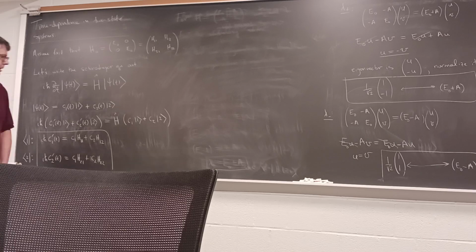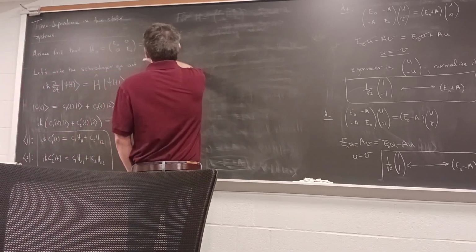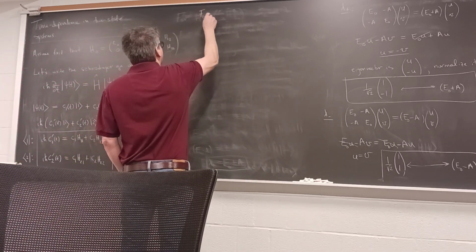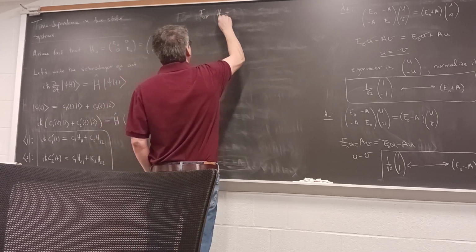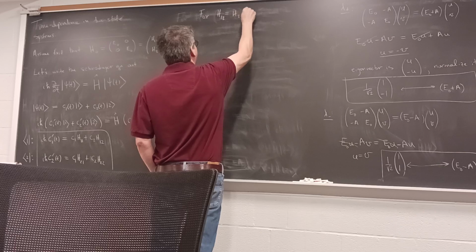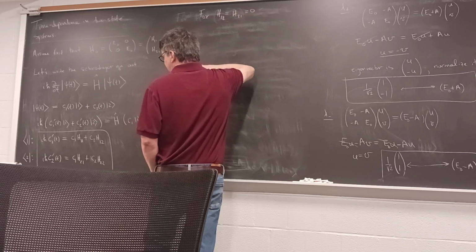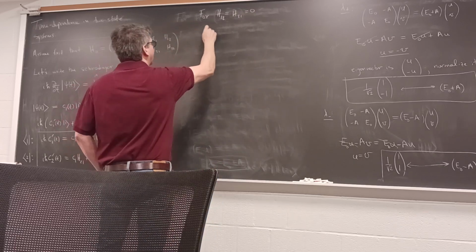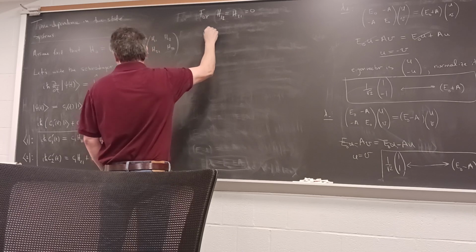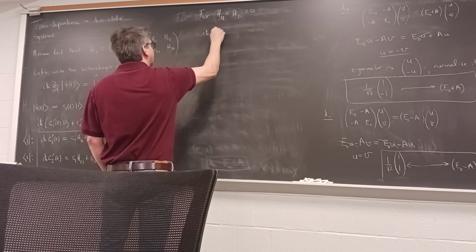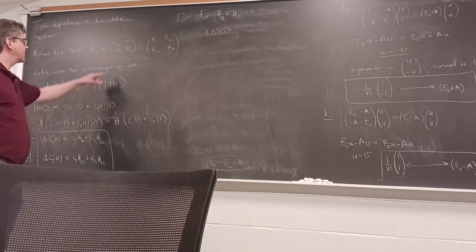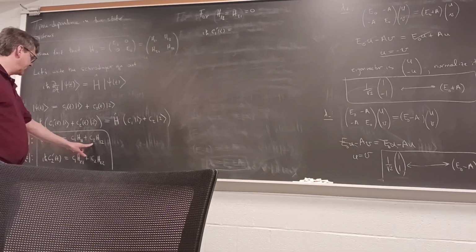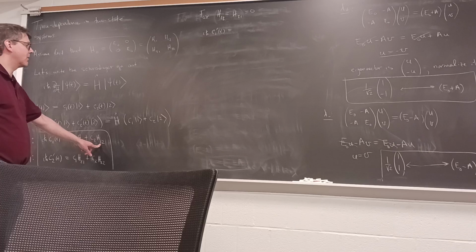Okay, but for H12 equals H21 equals 0, this is really simple. Then I'll have iħ C1 prime of t is equal to H11, which is just E0, and H12 is going to be 0 in this particular case.